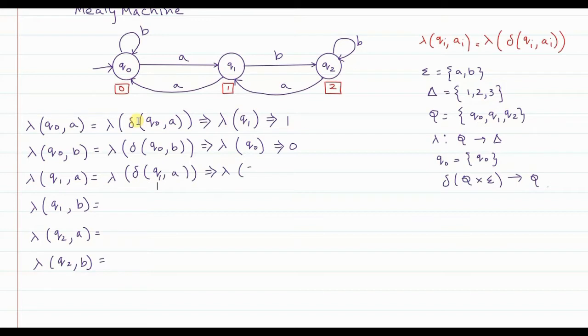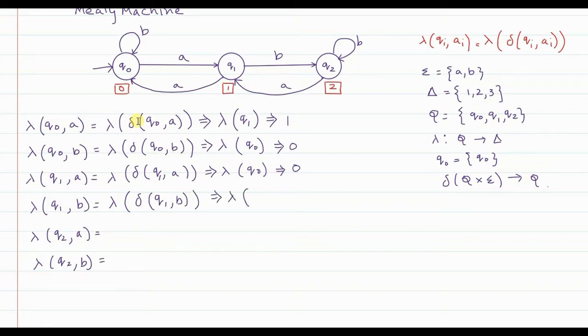So the answer here will be Q0, right? And what is the output associated with state Q0? It is 0. Now this can be further written as delta of Q1 on B.